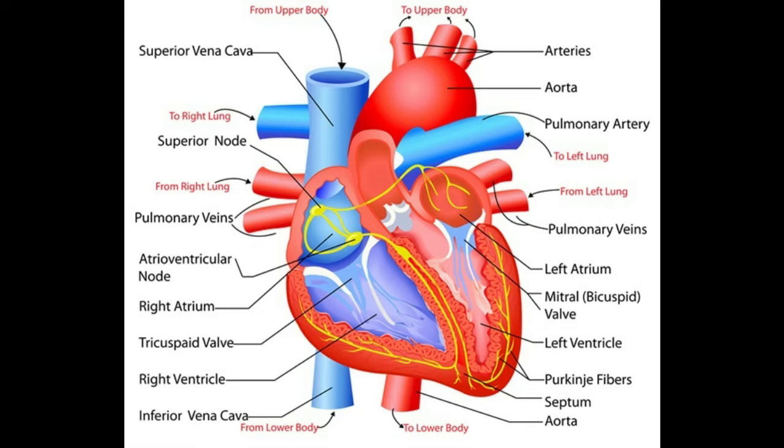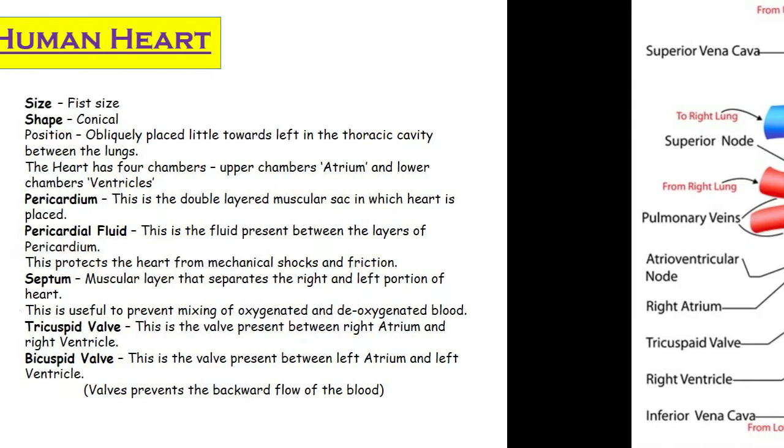Between the atrium and ventricle in left as well as right side, there are present the valves. Between the right atrium and right ventricle is present tricuspid valve, and there is a bicuspid valve between the left atrium and left ventricle. So these were few features about the human heart.